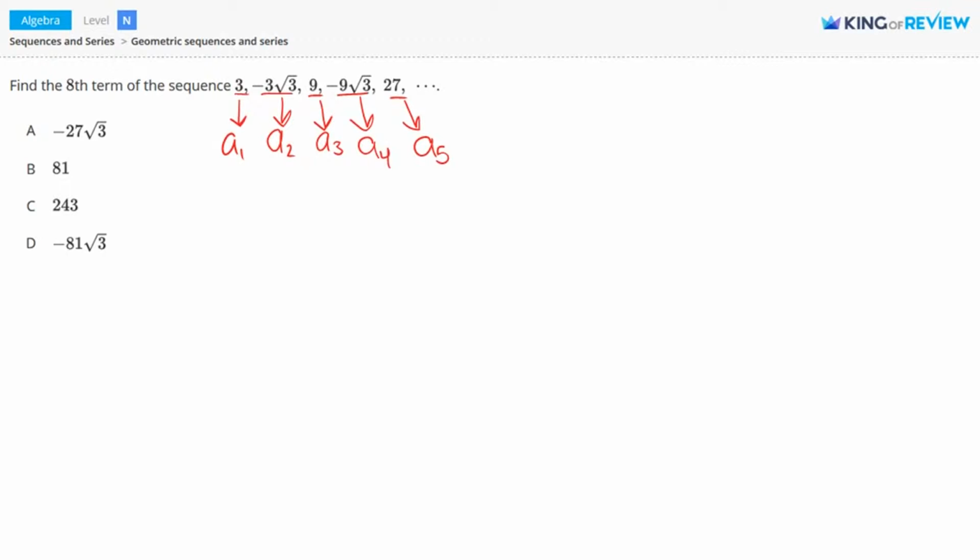We're comparing a term with its previous term. So R equals A2 over A1. Let's calculate this. If we have A2, which is this number here, negative 3 square root 3, over A1, which is this number here, 3, we'll get negative square root 3 for the common ratio.